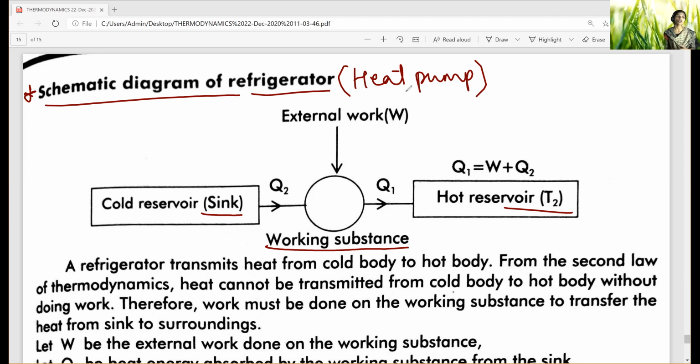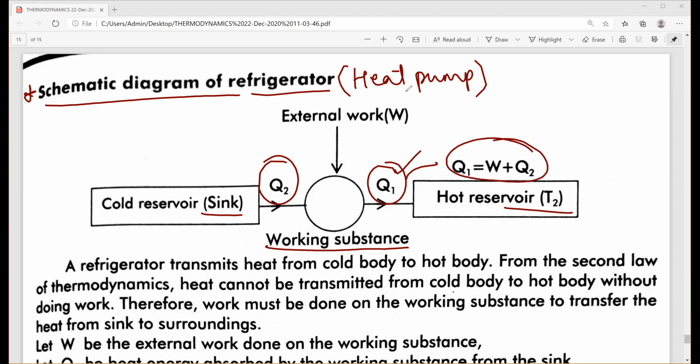Therefore, work must be done on the working substance to transfer heat from the sink to the source. Here W is the work done on the working substance, Q2 is the heat energy absorbed by the working substance from the sink, and Q1 is the heat energy released to the hot reservoir. It is given by the formula Q1 is equal to W plus Q2.